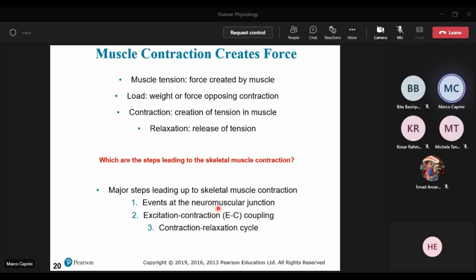Which is the neurotransmitter released in the neuromuscular junction? You remember? It is acetylcholine, okay? Acetylcholine is the neurotransmitter released, and the receptor is a cholinergic nicotinic receptor.